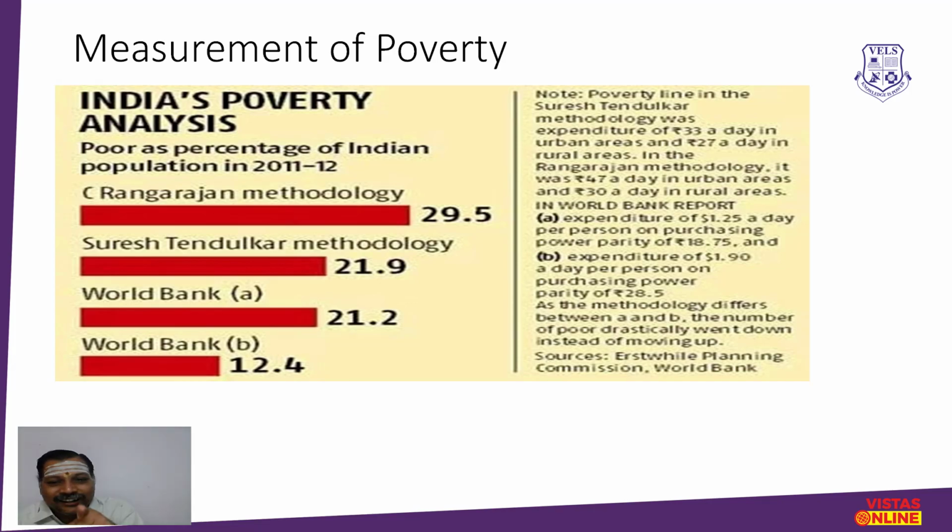This information is extracted from the erstwhile Planning Commission. So we should know that the poverty line has been given by different people. As of date, if anybody has less than 47 rupees per day, then they come under the poverty line. So in a month, if they do not have nearly 1500 rupees, then they are below the poverty line.